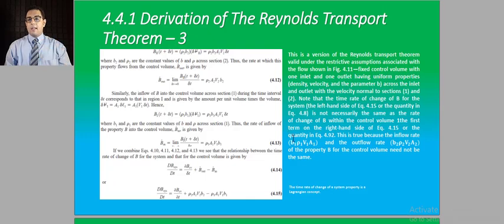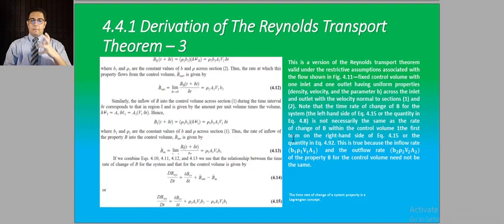It is somehow illustrating that the material derivative of parameter B is comprised of the rate of change of parameter B in the control volume, plus the total flow that is going into the control volume, minus what is getting out of the control volume.